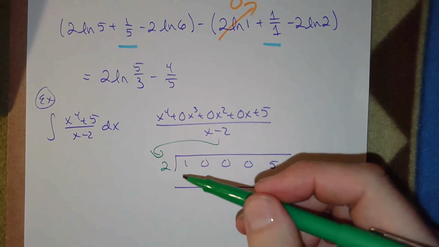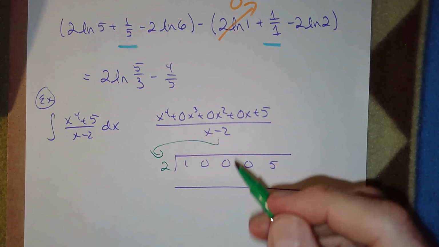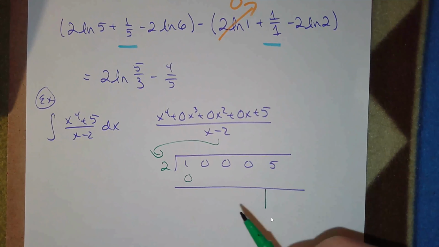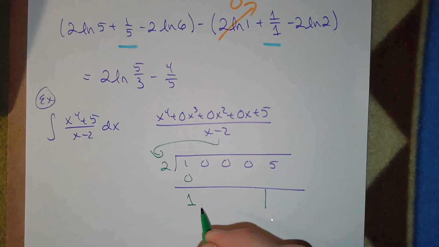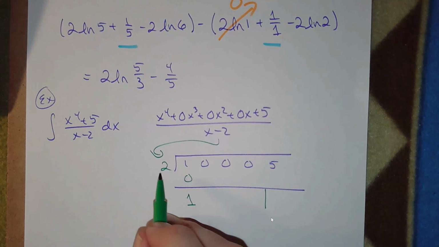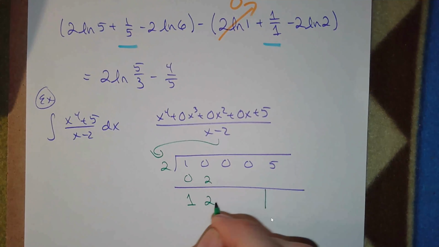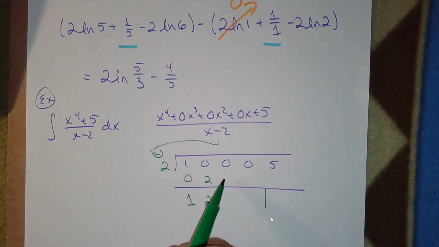Synthetic division works by add and then multiply, add and then multiply. Now this first step gets a 0 always. Just accept it. Add going down gives me a 1. Multiply. 2 times 1 is 2. And then repeat. Add going down, 0 and 2. Then multiply. 2 times 2 is 4.